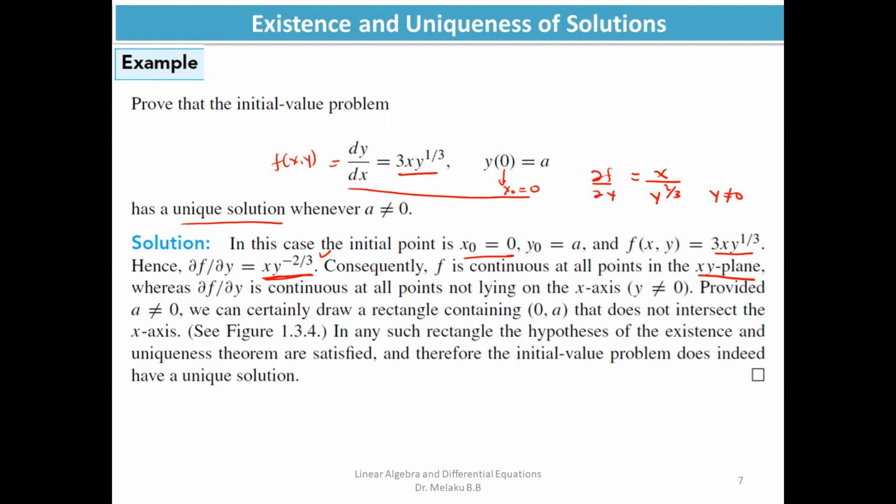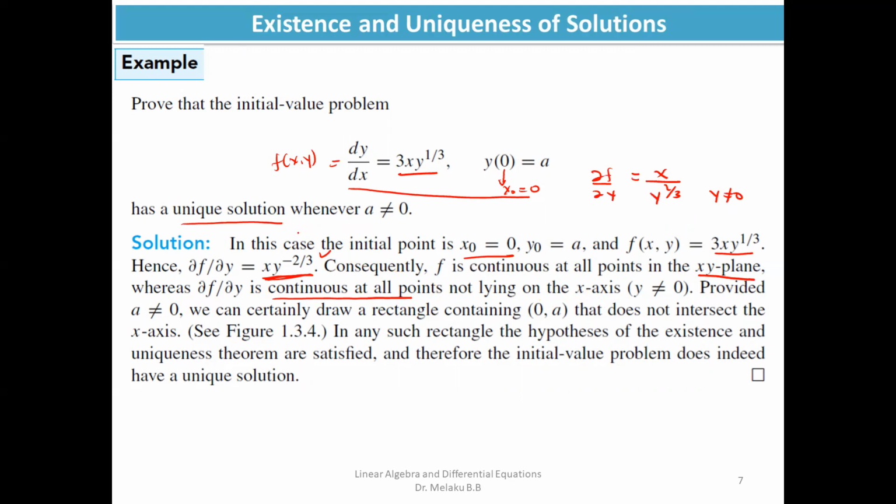So f is continuous at all points in the xy plane, whereas this is not continuous at points on the x-axis, which is simply the line y equal to 0. At the x-axis, the partial of f with respect to y is not continuous.